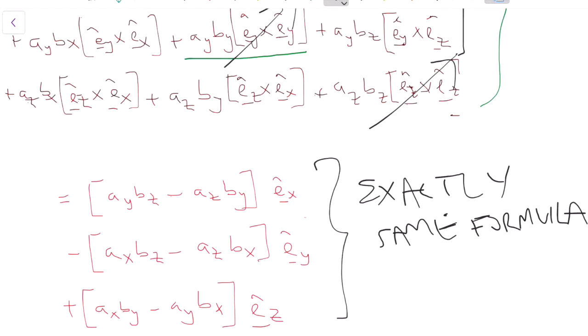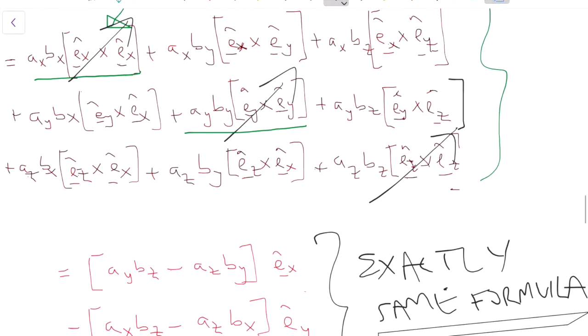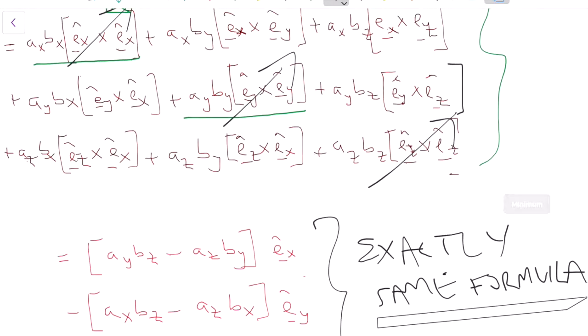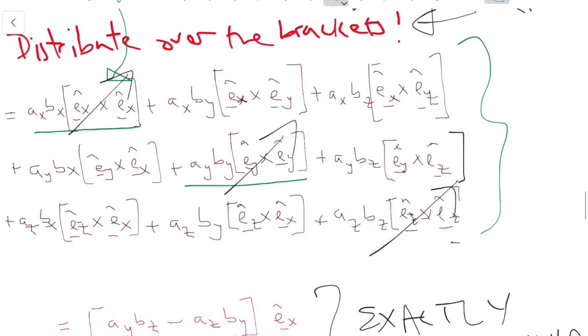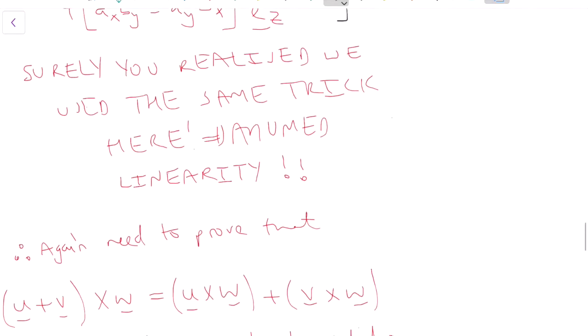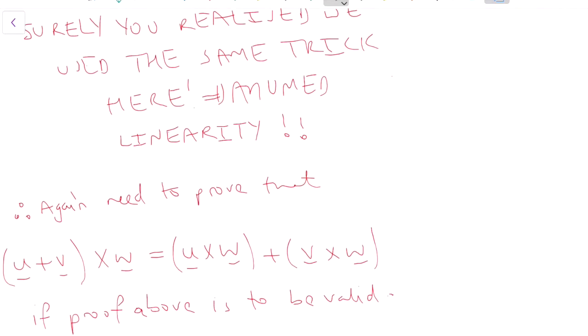So you might say, well, we haven't used the geometric definition at all, and you just distributed like a normal product, but hang on a minute. To be allowed to distribute over the brackets as we've done here, we must ensure that the cross product is linear. And what I mean by this is we need to prove that (u plus v) crossed with w is the same as u cross w plus v cross w.